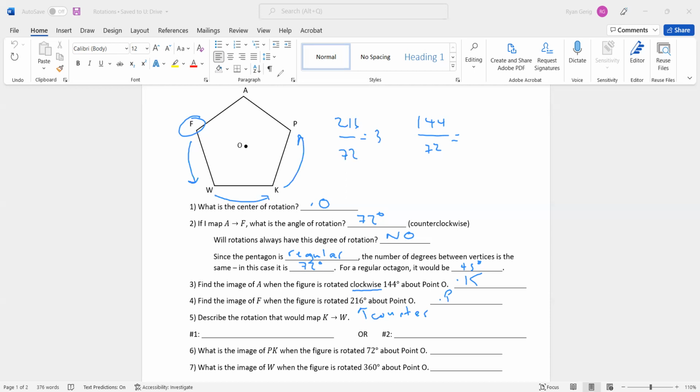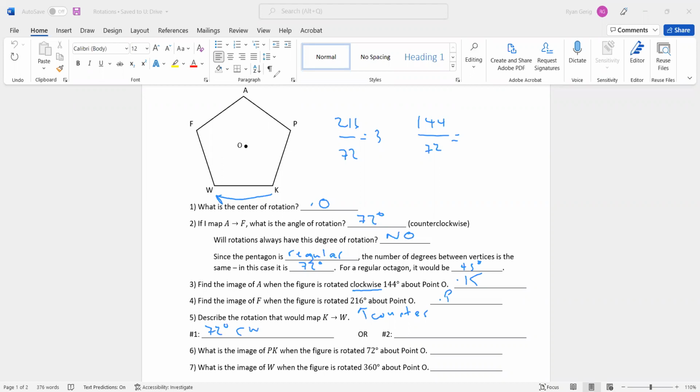Describe the rotation that would map K to W. Notice I gave you 2 options, and that's because you have clockwise rotation and counterclockwise rotation. Well, the easiest way to get from K to W is to go clockwise, right? It's 1 step. 1 step is 72 degrees clockwise.